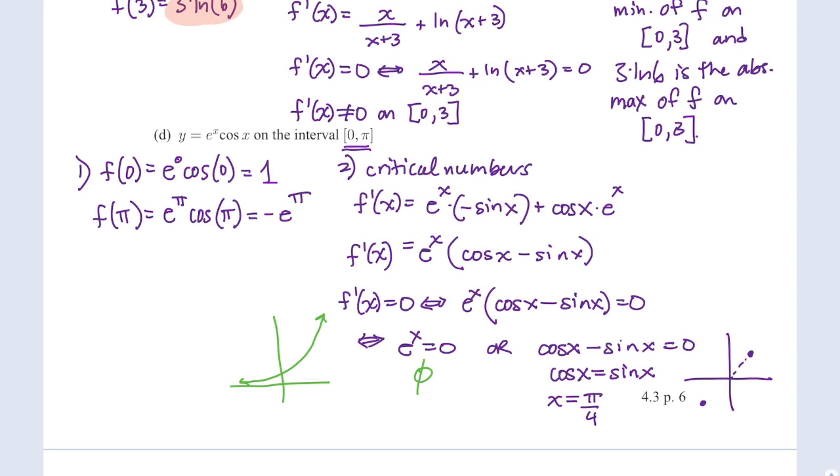So finally, we have a critical number to use for our comparison. So we would figure out, well, what's the function value at pi over 4? I know the derivative is 0, but what's the function value? I'll have e to the pi over 4 times cosine of pi over 4. So e to the pi over 4 times square root of 2 over 2.